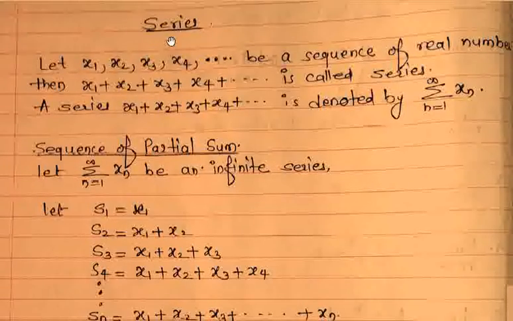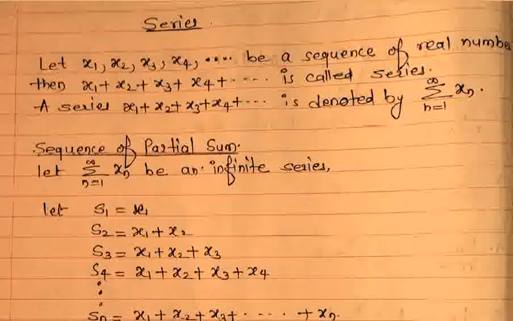So this is a series. Let x1, x2, x3, x4 be a sequence of real numbers. Okay, so this is a sequence because it has commas. Now when you're adding it, it is called a series. So a series is denoted by the sum of x of n from n equals 1 to infinity.